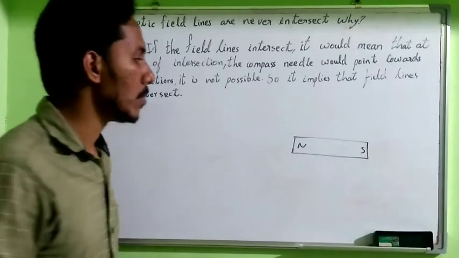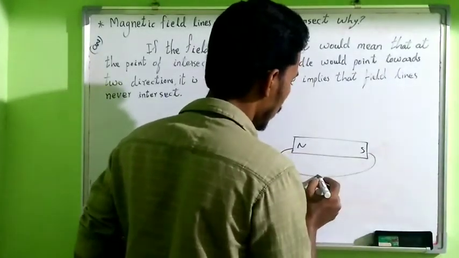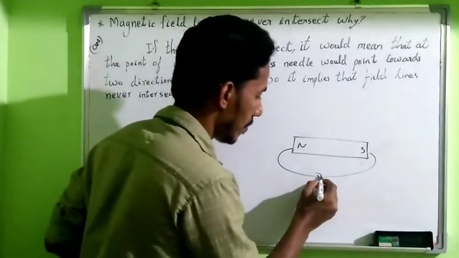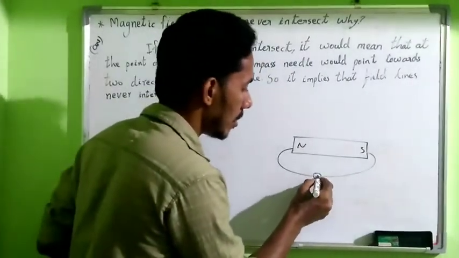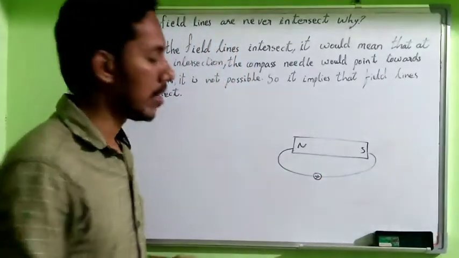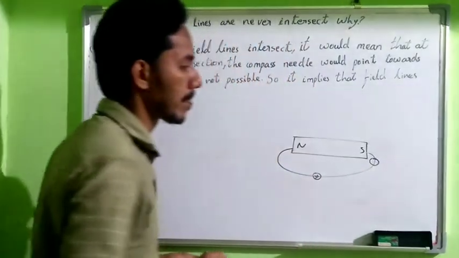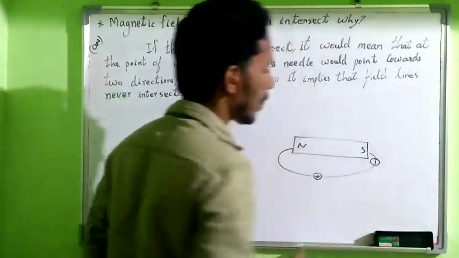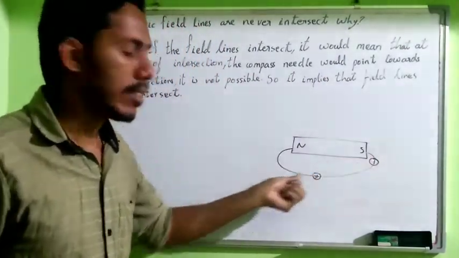You can find it by using a compass needle. Place a compass needle here. The compass needle, and this line is the direction. Take a magnetic needle and place it here. The direction should be in this way. The needle aligns like this.